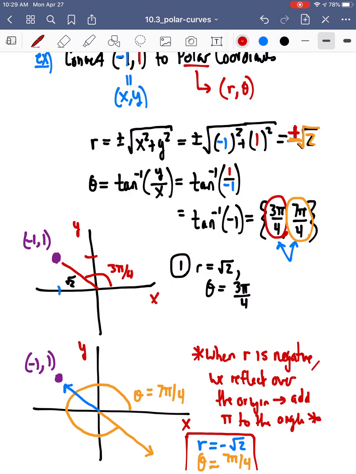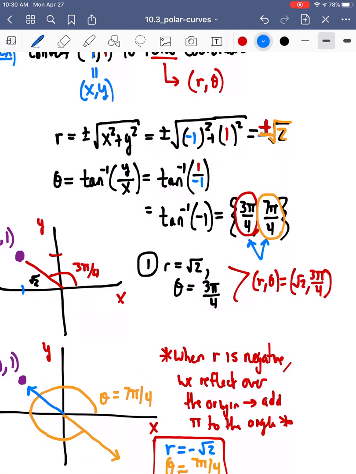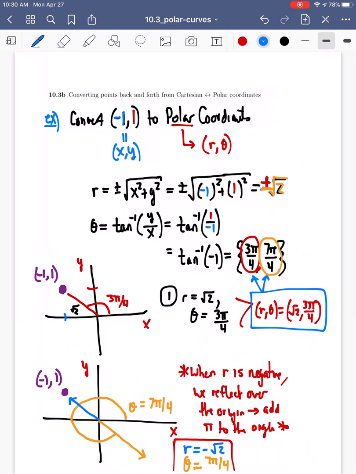So just to summarize, when we do this conversion of Cartesian to polar coordinates, we actually end up with two different options for the coordinate representation in polar coordinates. The first case we started with, we ended up with the coordinate in r and theta that was square root of 2 and 3 pi over 4. So that was one plausible combination of r and thetas to land us at that point in the second quadrant.